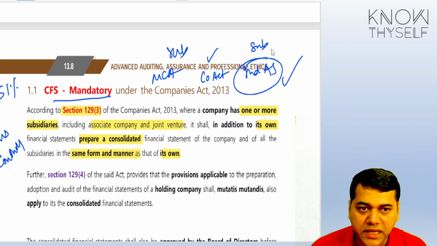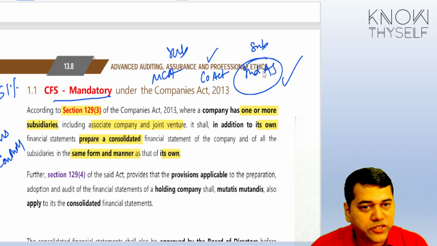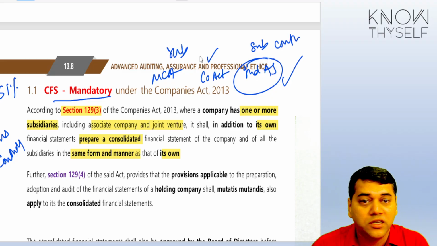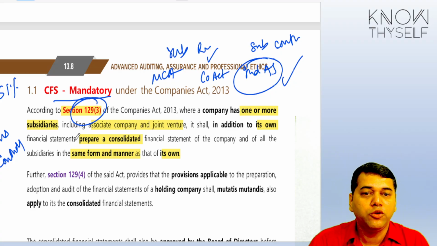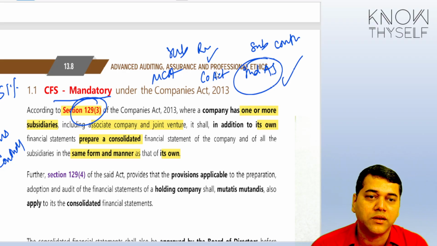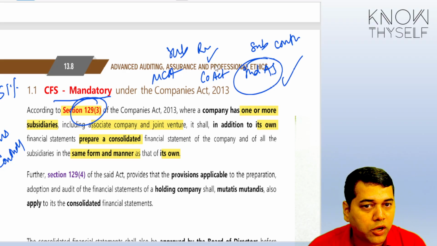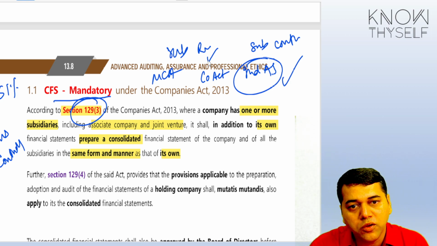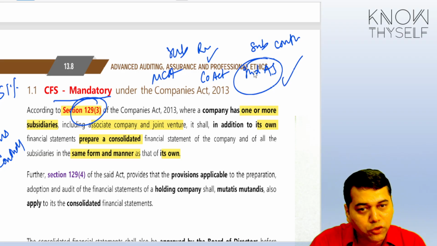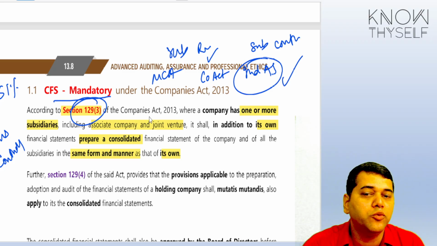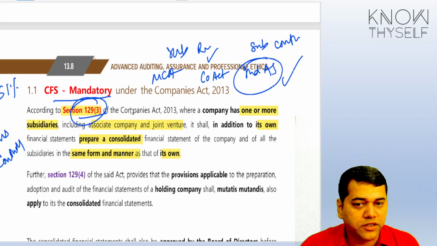Since Ind AS becomes applicable to you, and someone has become your subsidiary because of the control logic, not because of the rule logic, you have to prepare as per Ind AS 110. You cannot say, look, law is superior, I will not prepare. No, that's not going to operate. So, depending upon what the law or accounting standard or Ind AS has said, if you are a subsidiary, yes, you have to prepare CFS.